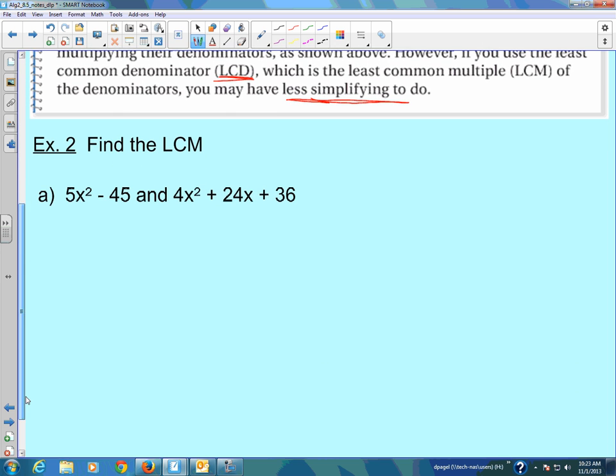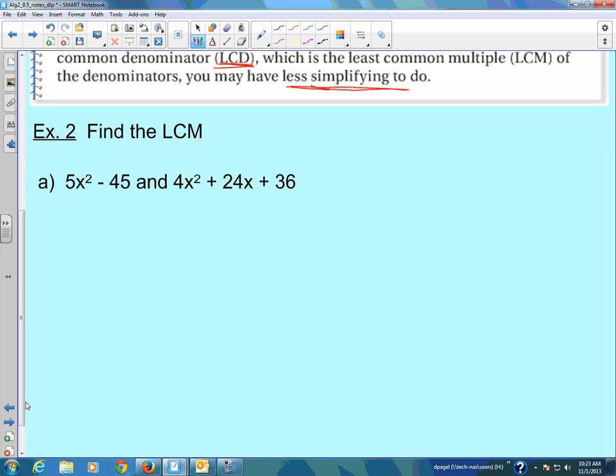All right, so let's apply that now with some of our rational expressions. First, let's talk about the whole idea of a least common multiple, which is going to help us find a least common denominator. Let's just take two numbers, 12 and 18, for example, and let's find the multiples of these numbers. Multiples would be when we take this number and multiply it by 1, 2, 3, and so on.